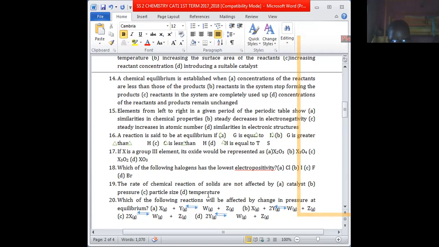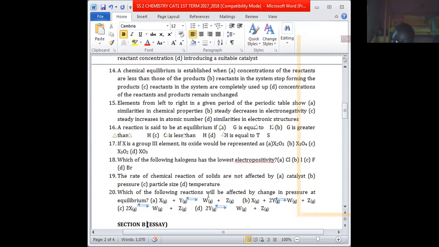It's not going to be affected, right? C will not be affected by change in pressure because the number of moles are the same, 2 on the left, 2 on the right. Yes. So which do you think would be the answer? B. B, correct. B would be affected because we have 3 here and 2. All right, awesome.